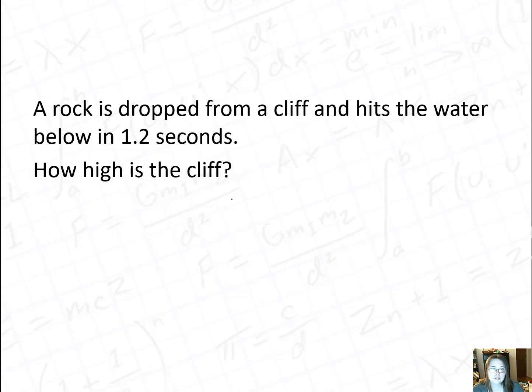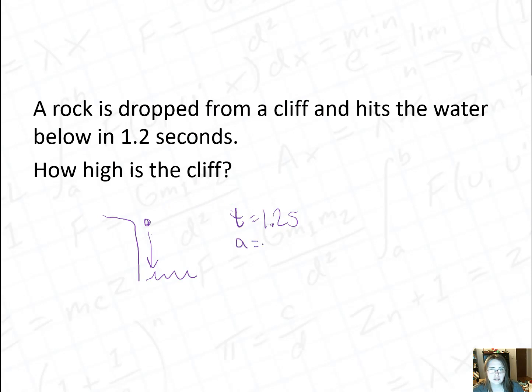So here's the example. It says a rock is dropped from a cliff and hits the water below in 1.2 seconds. How high is the cliff? Here's our cliff. Here's the rock. Here's the water below. And it's going down. So let's see. We know that the time is 1.2 seconds. As you can see, it doesn't have any kind of acceleration in here, but we can assume that we're on Earth unless it says otherwise.